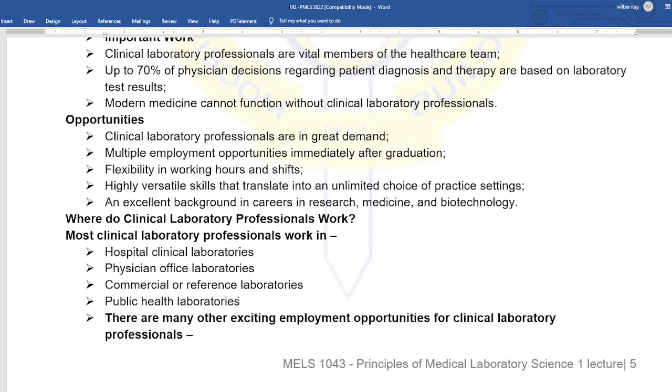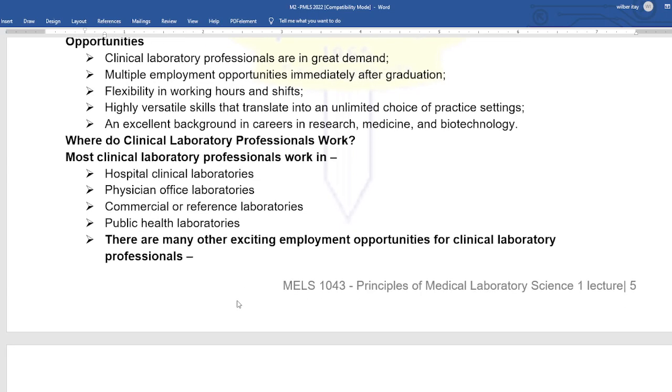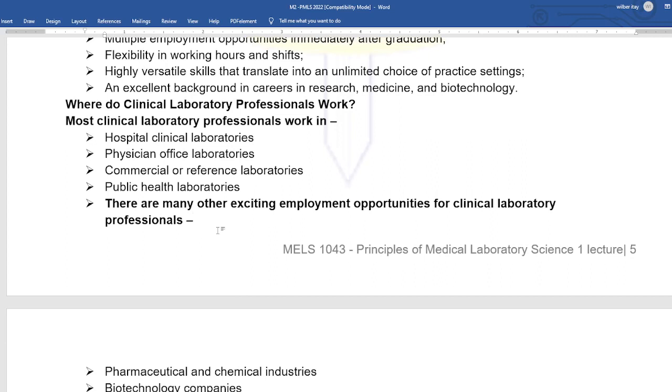In public health laboratories as well, okay, sa mga laboratory, mga hospital, government, or even sa RH2, okay, may mga laboratories sa RH2. There are many other exciting employment opportunities, okay. So, other than that, most clinical laboratory professionals work in, eto kasi, these are the most common types of work that we do.